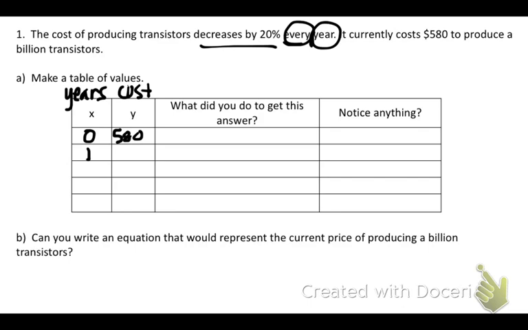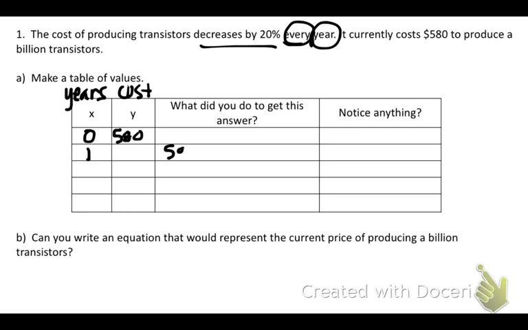Real quick, if something decreases by 20%, what percentage remains? Like if something goes on sale for 20% off, what percent remains? If you take 20% out of something, what percent is left?